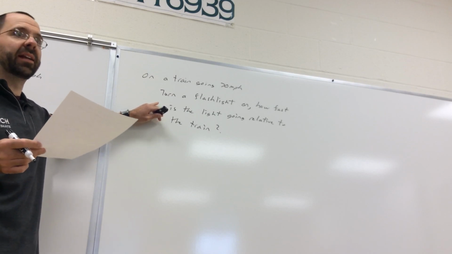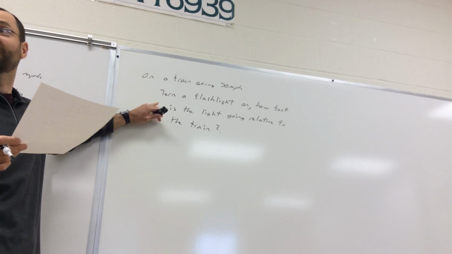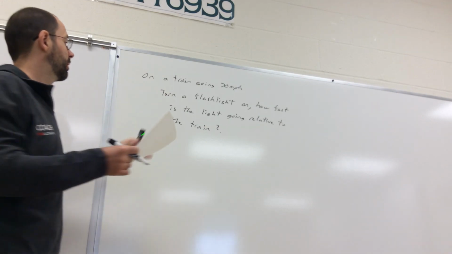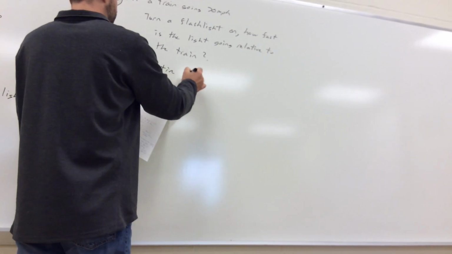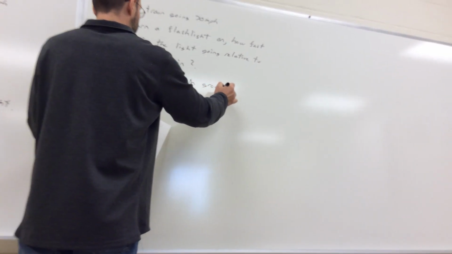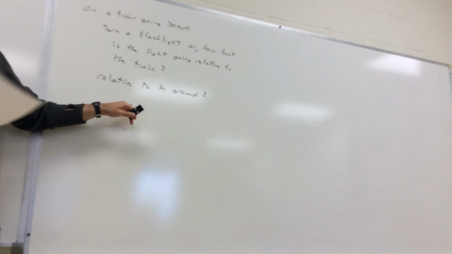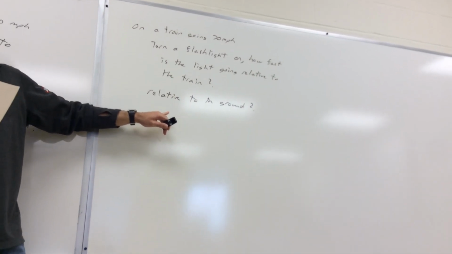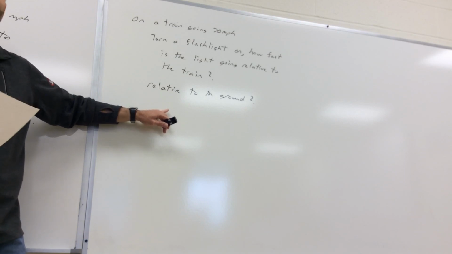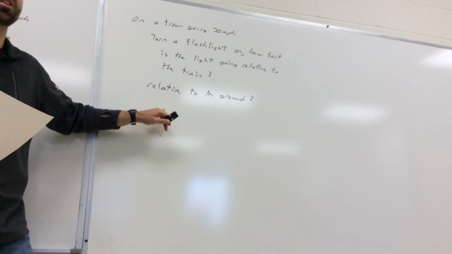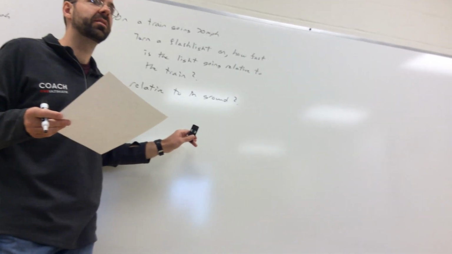So the answer is 299 million, and so on, meters per second, right? Okay, so then how fast is it going relative to the ground? 299,700,000 plus 70, right? No, because nothing can go faster than the speed of light.